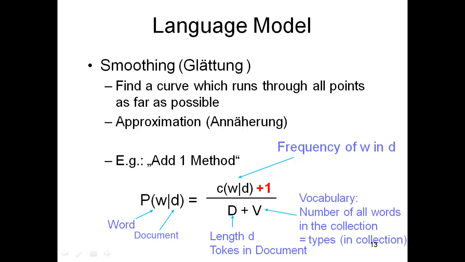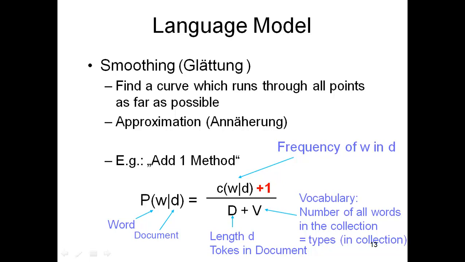Now we have words that have 0, and we want to assign something to them. Let's give them a minimum number. The minimum number is 1, a natural number. We say plus 1 for all the words. That means I assume that all the words appear one time more often than they really appear.